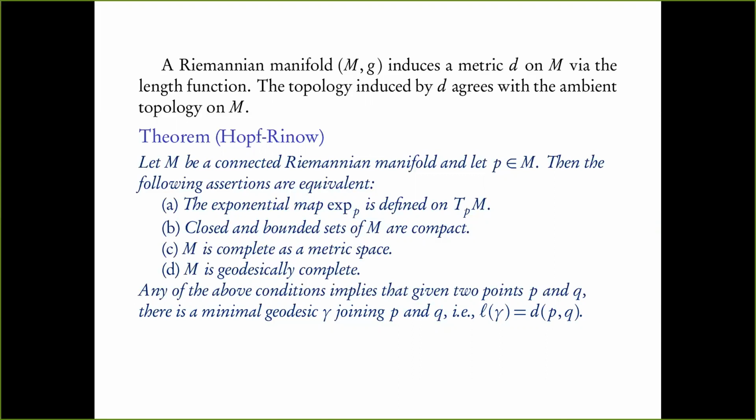Sir, can you give an example of a manifold where the exponential map cannot be defined? Yeah, plenty of them. According to this theorem, just choose any manifold which is not complete. For example, take R^2 minus the origin, with the usual metric. The exponential map is simply going to be straight lines. If you start at the point (1,0) and look at the exponential map with P equal to (1,0), it takes a vector at (1,0) to the radial line in that direction.